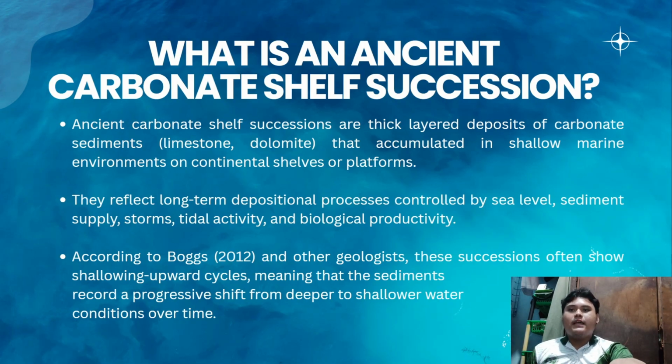This builds up limestones and dolomites over time. Near the shore, tidal flats and lagoons left mud-rich deposits, while wave zones and shoals formed sandy limestones. At the shelf edge, reefs grew, and in deeper areas, quiet lime muds settled.